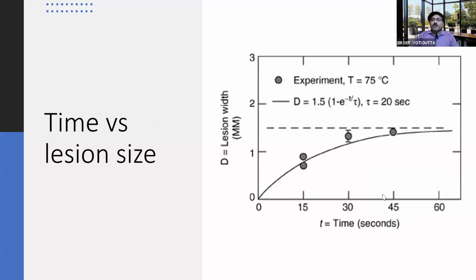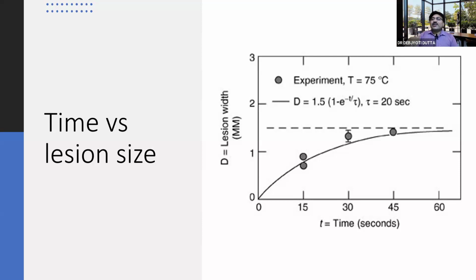Now, two important parameters: there is a set time and a set temperature. Beyond that, there is no lesion increase. It is said that if we lesion up to 90 seconds, that is optimal. Beyond 90 seconds, if you do radio frequency for 5 minutes, 10 minutes, it will not increase the size, because once it reaches thermal equilibrium, it cannot increase.